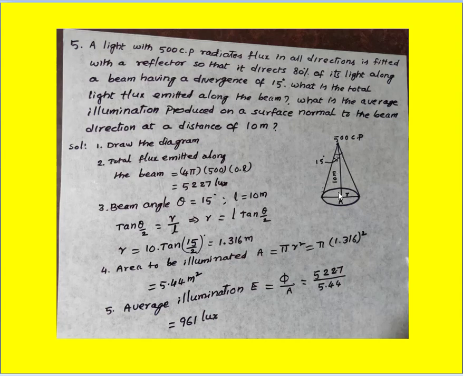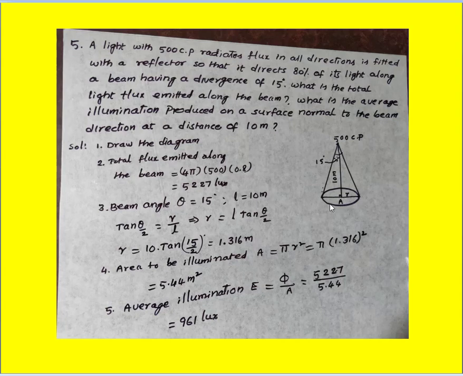For this triangle, when we write tan theta by 2, we get the base, which is the radius r, divided by L. So from this we can calculate the radius of the surface, that is r is equal to L into tan theta by 2. L is known, theta is known, so r is equal to 10 into tan 15 by 2. So then we get 1.316 meters.